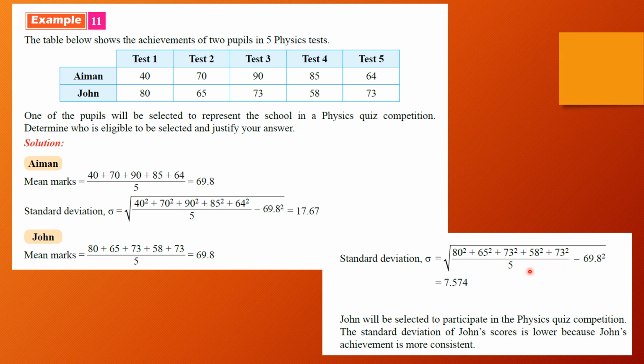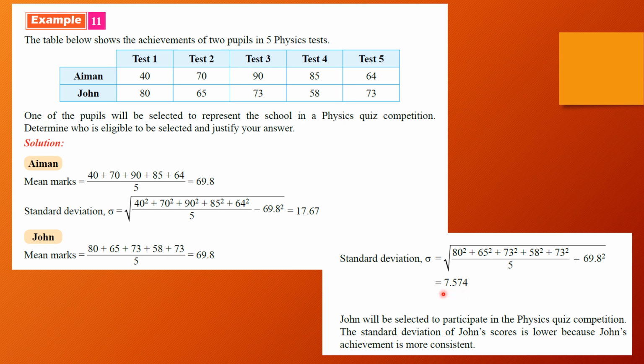Then you divide by 5, then minus mean square. So the standard deviation for John is 7.574. So the standard deviation for John is less than Aiman.